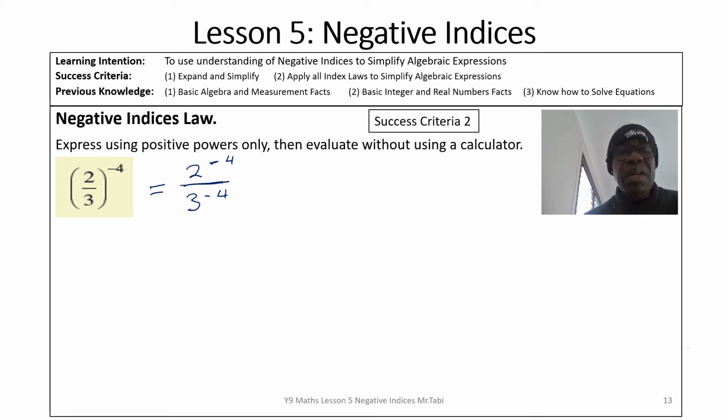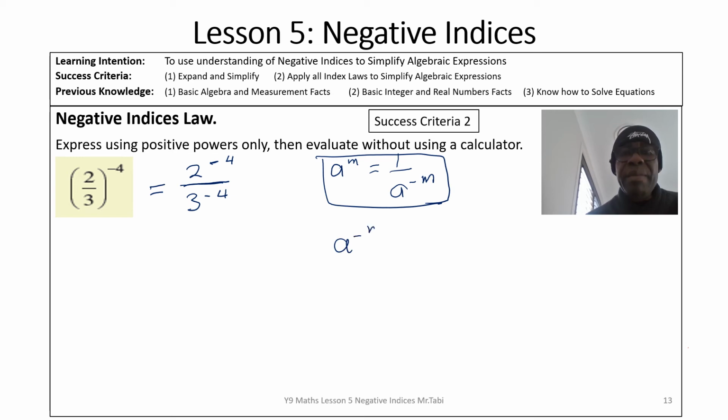So in this case, you can also see that by writing it this way and thinking of a to the power of m being equal to 1 over a to the power of minus m, which I introduced, and a to the power minus m being equal to 1 over a to the power of m.